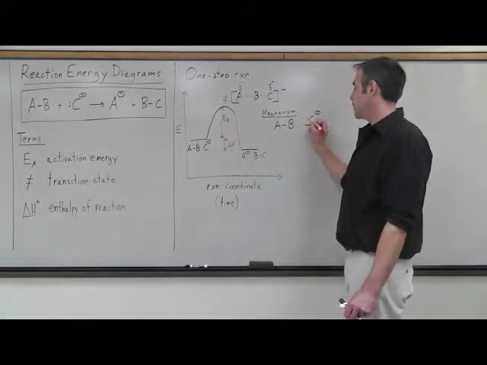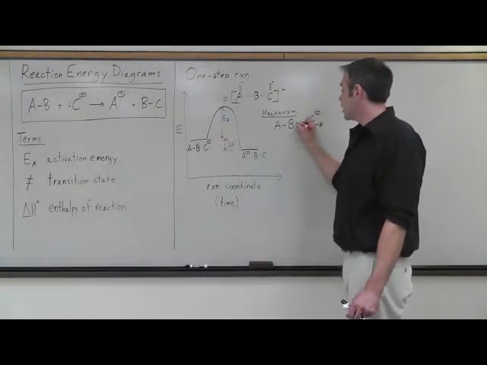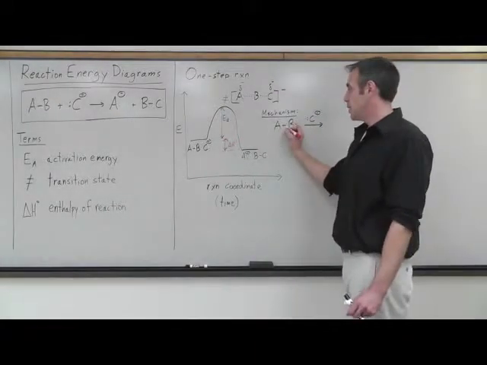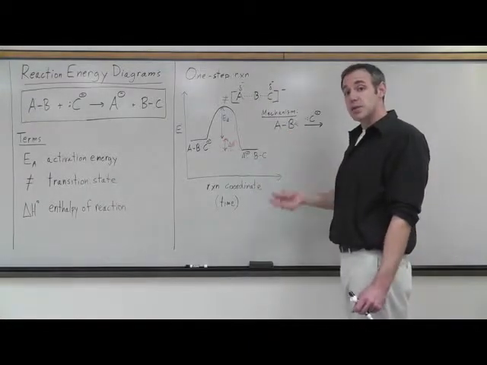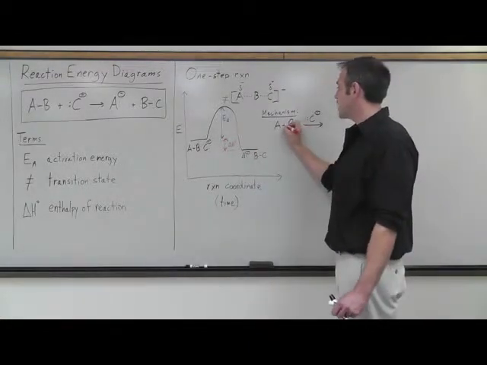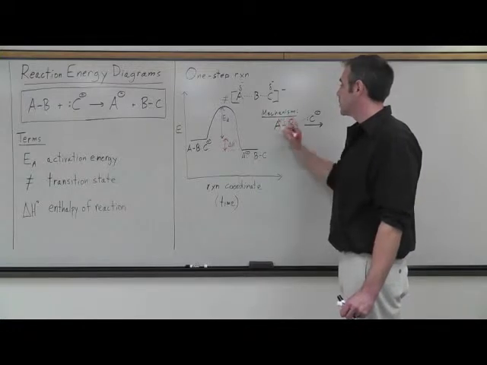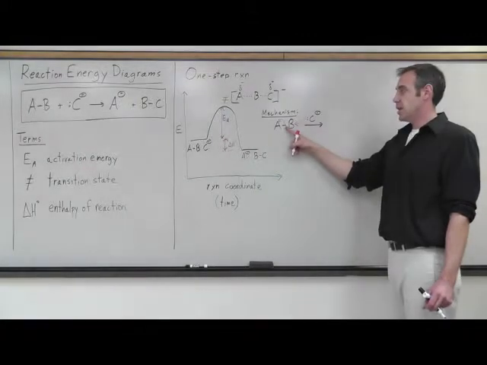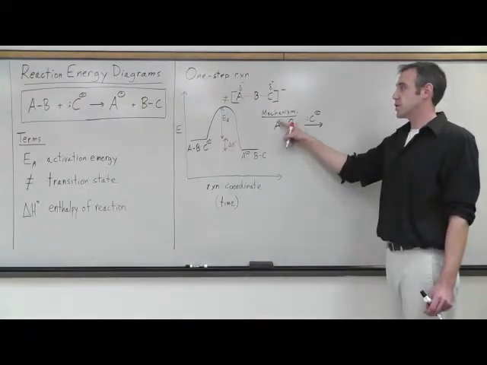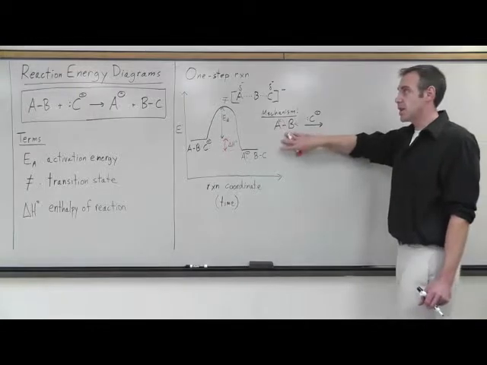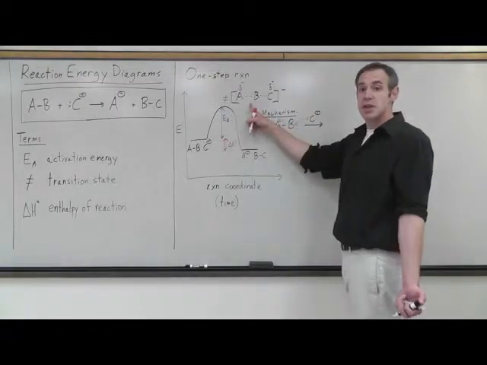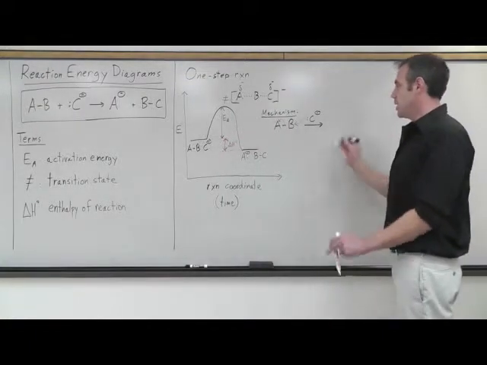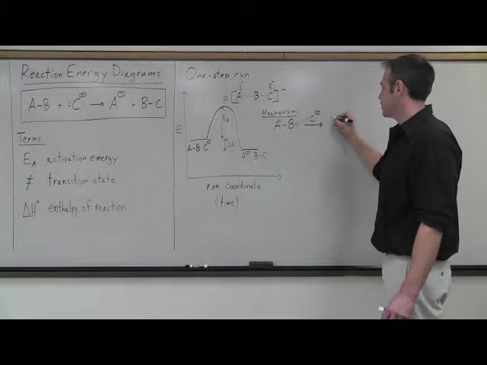If the lone pair on C begins forming a bond to B, while at the same time the bond between A and B is breaking and those electrons are going to A, we can represent that with these arrows. At the same time C's electrons are forming a bond, the electrons shared between A and B are going to A. This mechanism ties into the transition state, and we can see how these two are related. This then gives us our overall products.